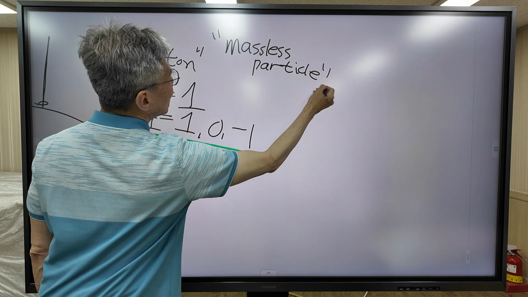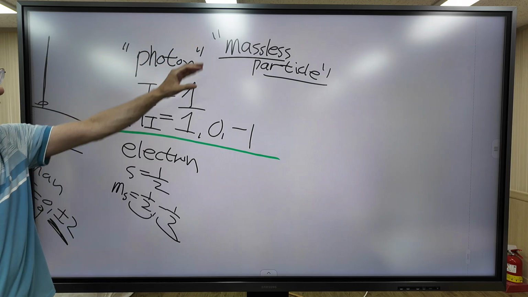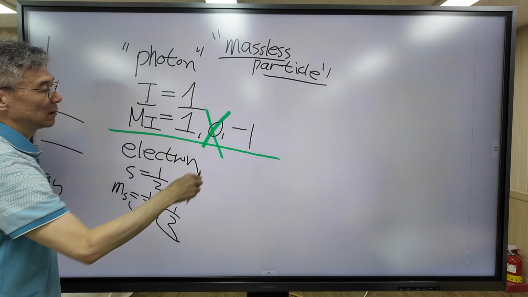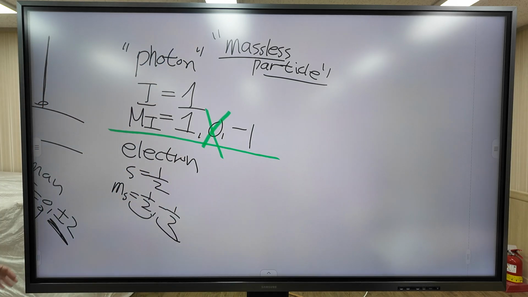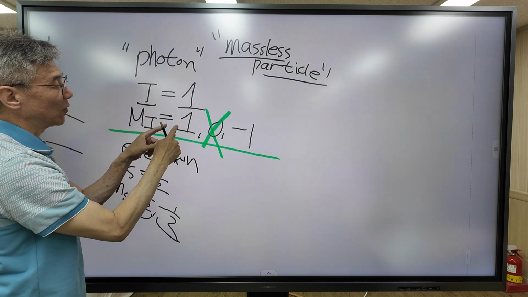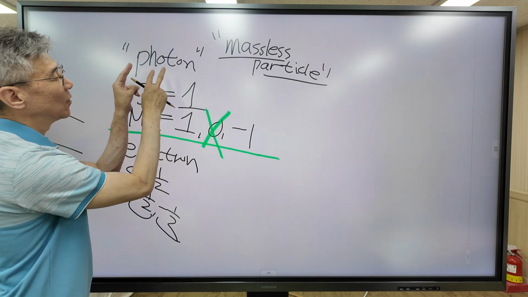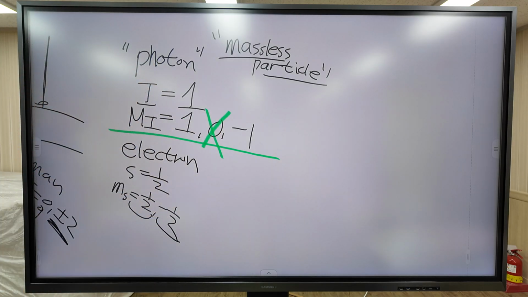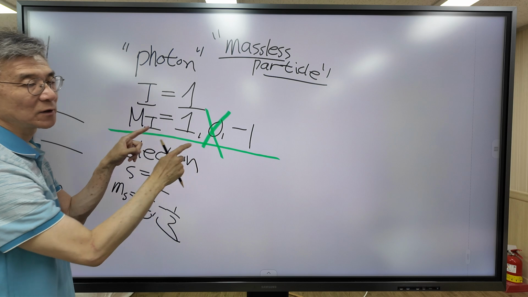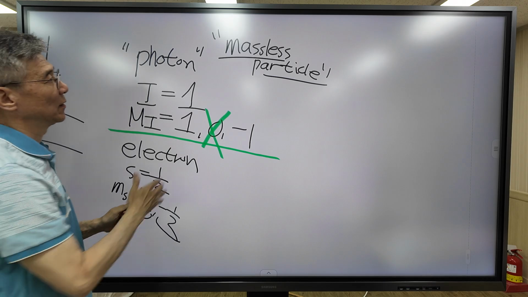Mass is 0. According to quantum mechanics, for a massless particle, the Mi equal 0 state does not exist. So photon only exists in two forms, Mi equal 1 or Mi equal minus 1. Only two states are possible for photon. Now, using this fact, I'm going to explain the selection rule for Raman spectroscopy.